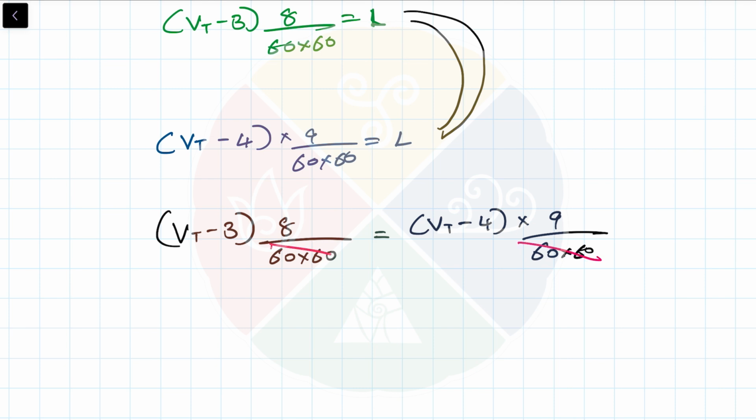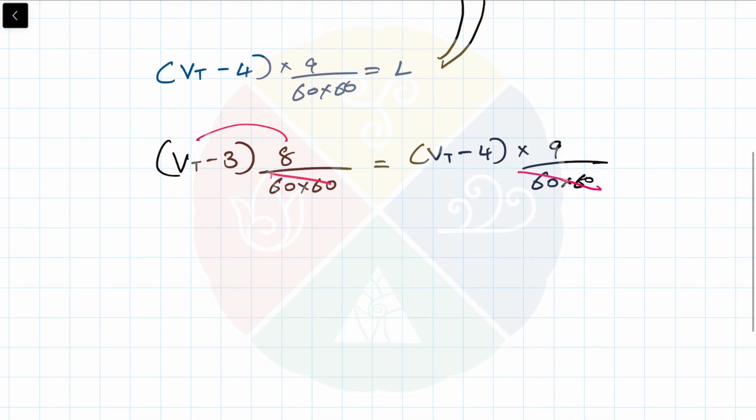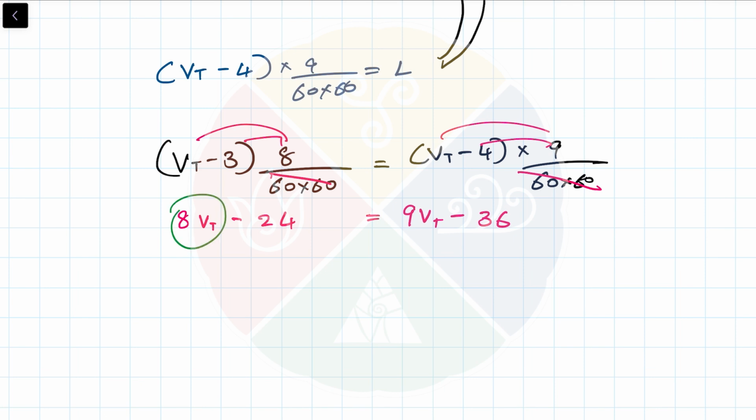The 60 into 60 will be gone. Multiplying, I get 8 Vt minus 24 is equal to 9 Vt minus 36. Now reorganize: 36 minus 24 is equal to 9 Vt minus 8 Vt.